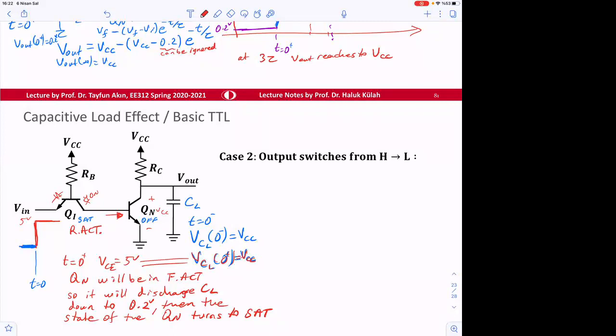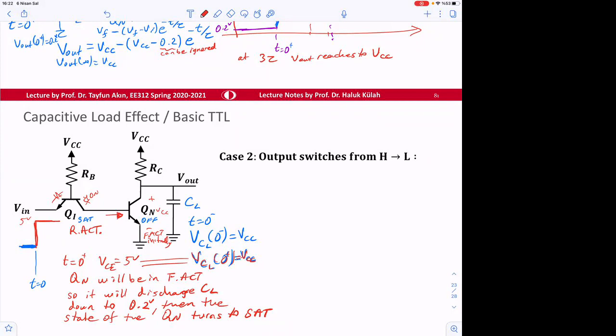Okay, so we can calculate that timing, like how long it takes, but we need to use the forward active model of the transistor QN.